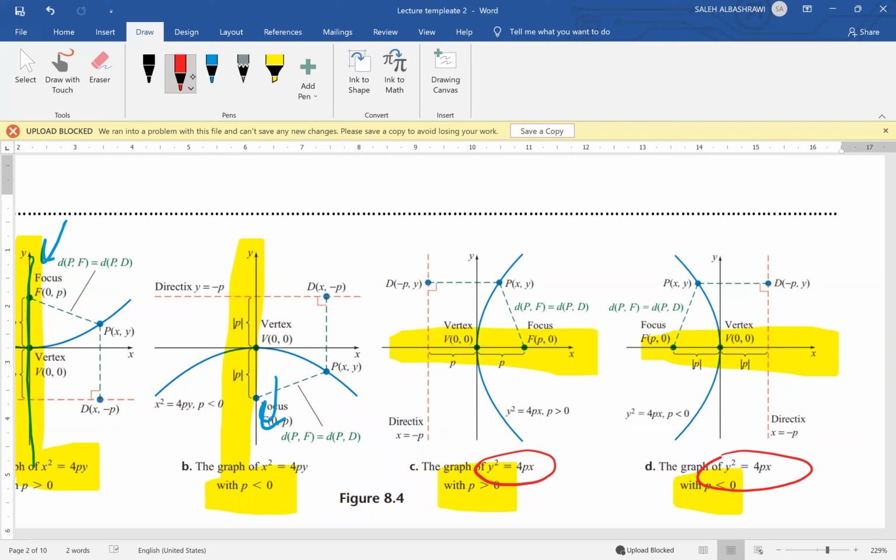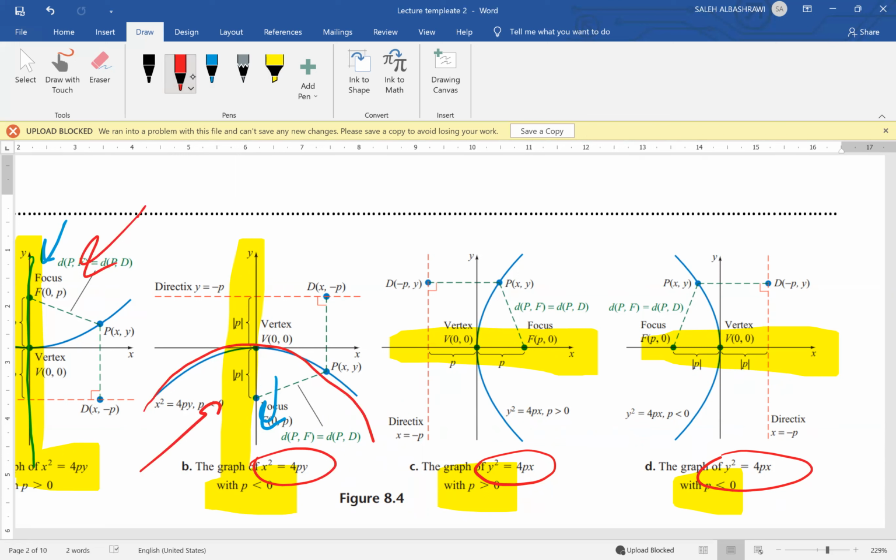So we can say in general two forms. Either the parabola will be horizontal, open to the left or to the right, if the x-axis is the axis of symmetry, or it is vertical, upward or downward, and the equation is given by x squared equals 4by. If b is positive, it will be upward. If it is negative, it will be downward.